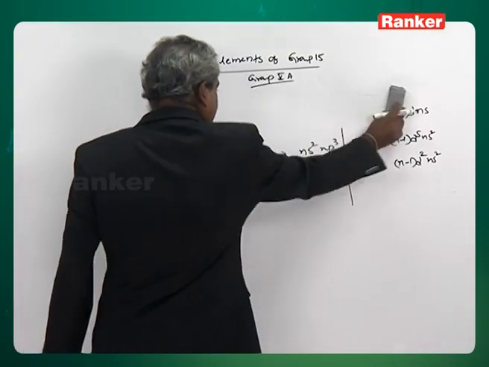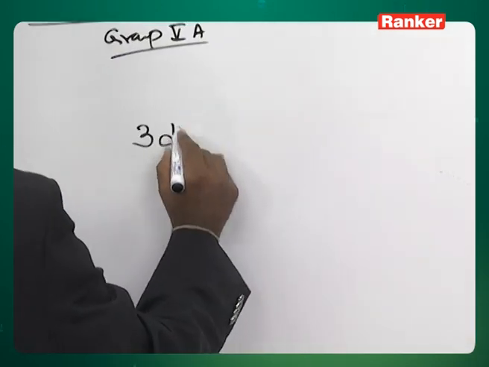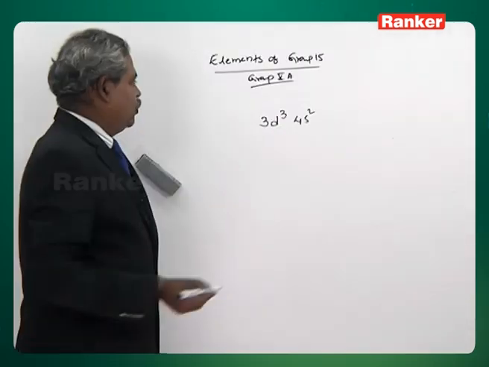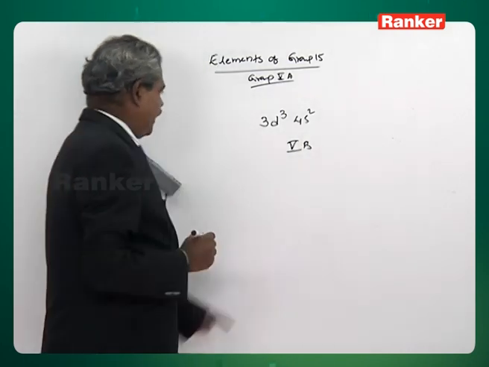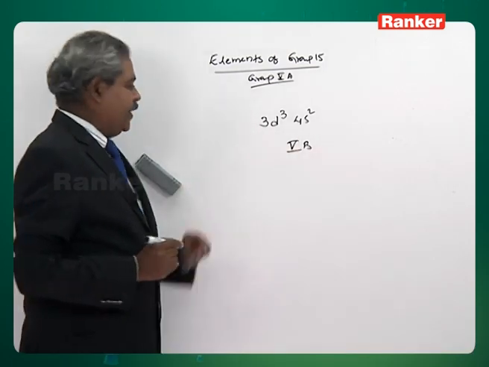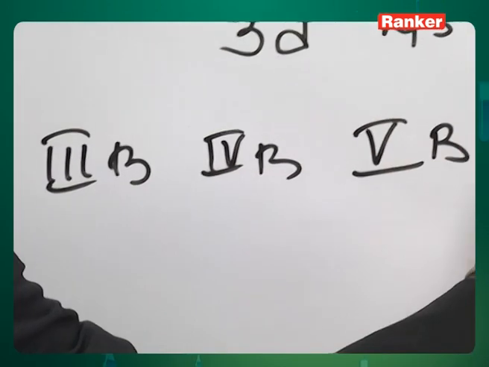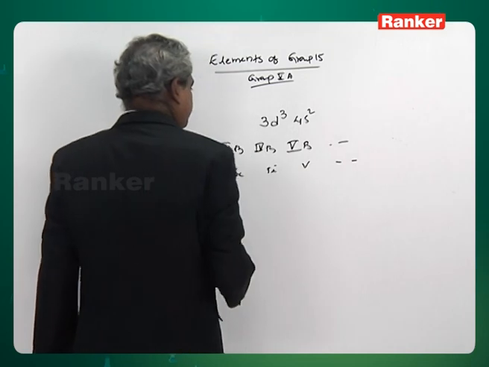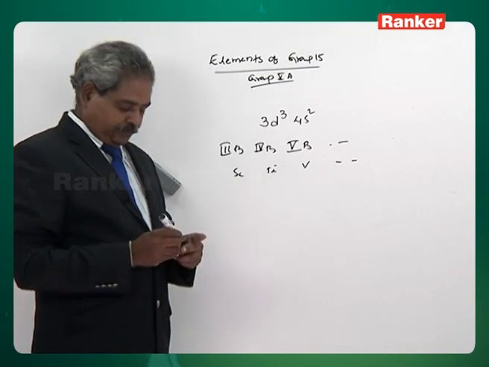So by just looking at the electronic configuration of an element, you can tell a lot. Whose electronic configuration is this: 3d3, 4s2? It must be 5B, someone from the d block. 3B, 4B, 5B: 3d1, 3d2, 3d3 are scandium, titanium, vanadium. So it reminds you of so many things.